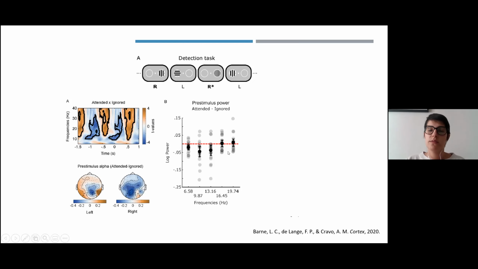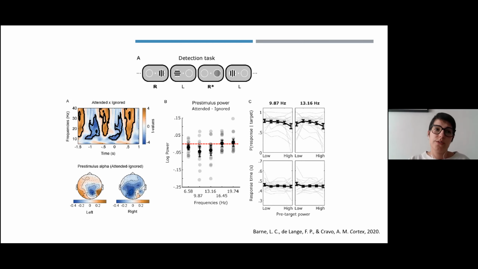The other frequencies, if you compare attended and ignored stimuli, are not significant if you do a correction, because I'm comparing a lot of times. So here the only one that remains significant after the p value correction is the 10 hertz.